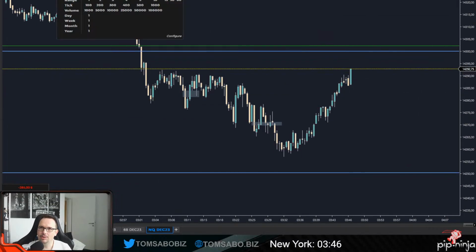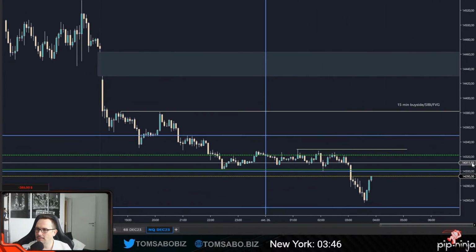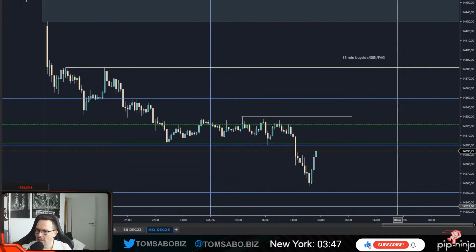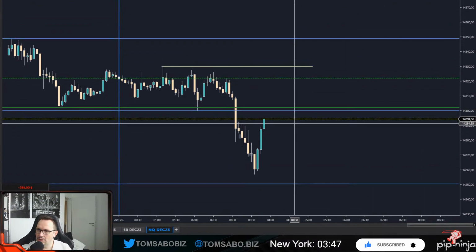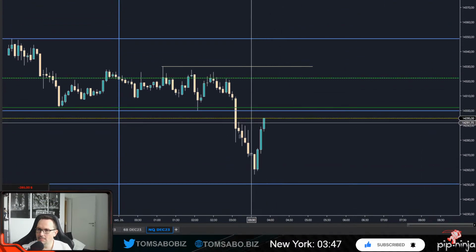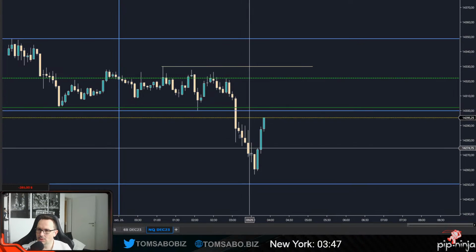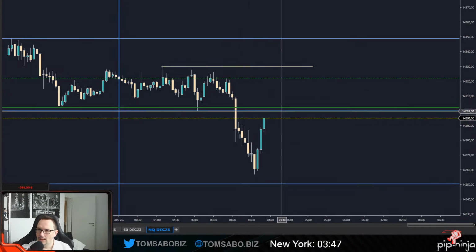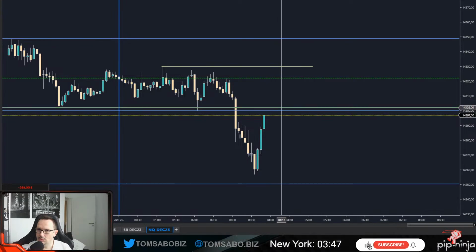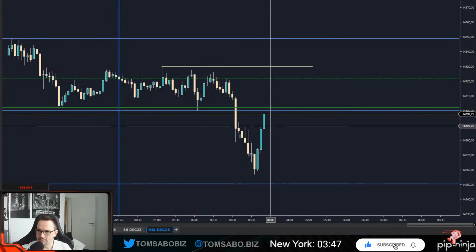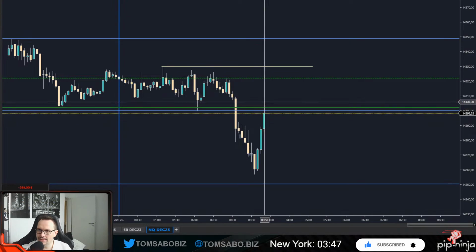But let's go out to the 5-minute. So this is the 5-minute NQ. We are getting back to this imbalance, which is great. This is the 300 level, this blue line, and this green one is yesterday's low. So we're pretty much repricing this level.